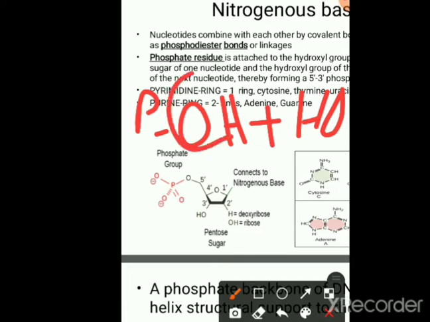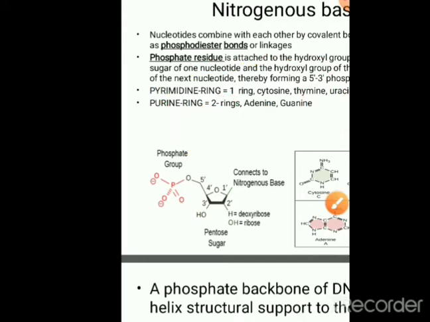It drags the hydrogen out of it, and a water molecule is released. That is called condensation. After donating its OH group and taking hydrogen from the fifth carbon, it releases a water molecule. That is called the phosphodiester bond.